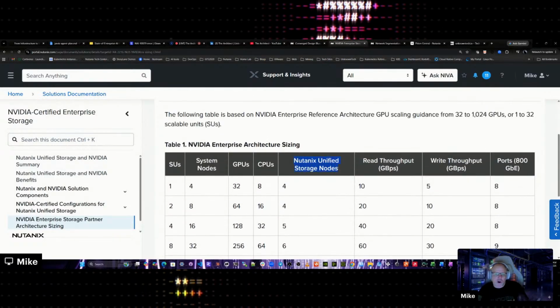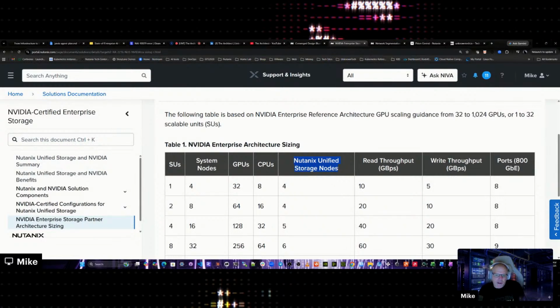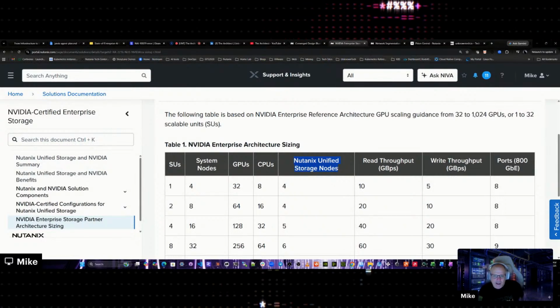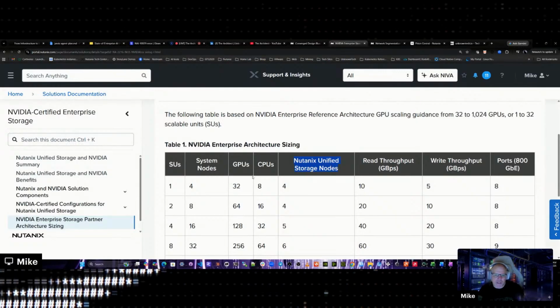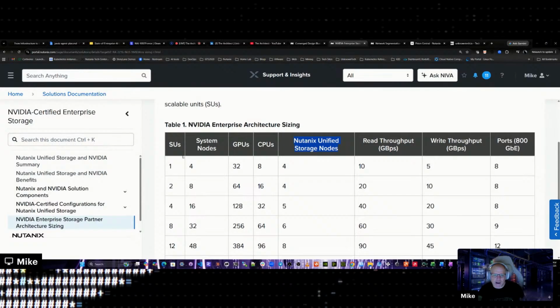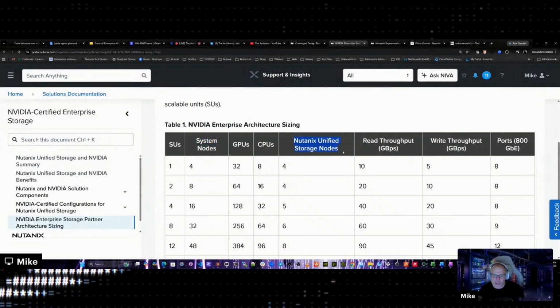So you basically know based on the GPU requirement, this is how it's going to align. You're going to determine your use case, how many users, what the job is, what the requirements are. And when you get those requirements around GPUs, CPUs, you can build out your design and scalable units, and you'll know exactly how many unified storage nodes you're going to need.